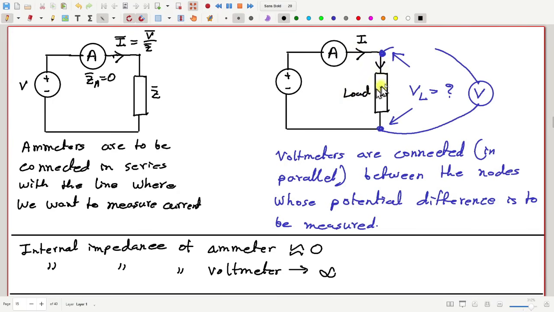Now as soon as we connect this voltmeter, some more current can also flow through the voltmeter. Therefore, the original circuit is changing, so the original voltage will also change. So that it doesn't happen, we need the voltmeter impedance to be infinite so that no current can flow through it.